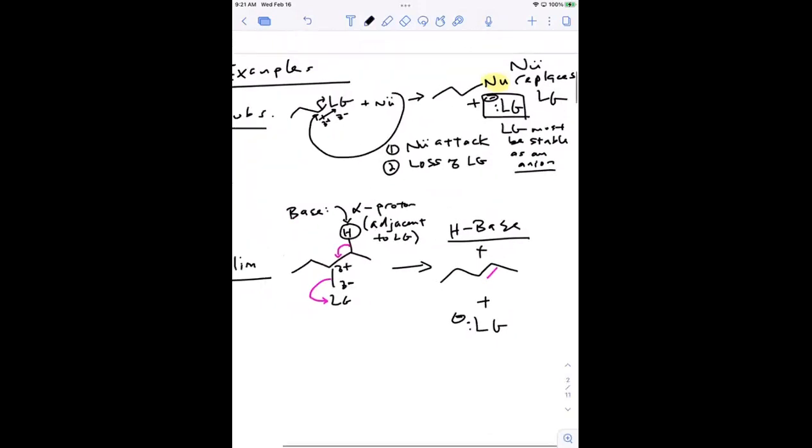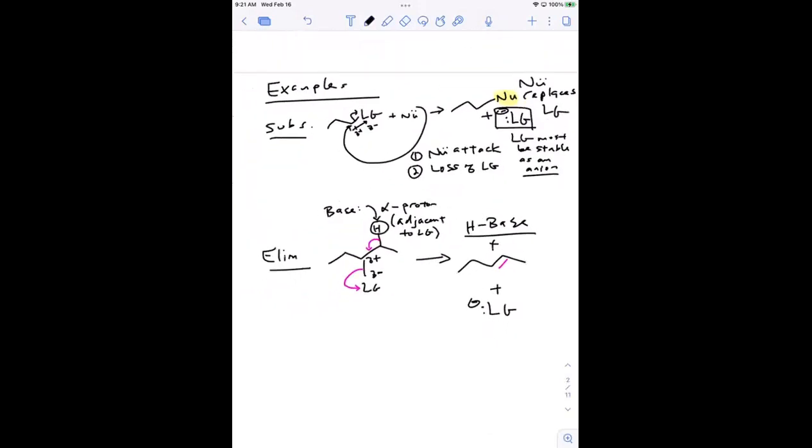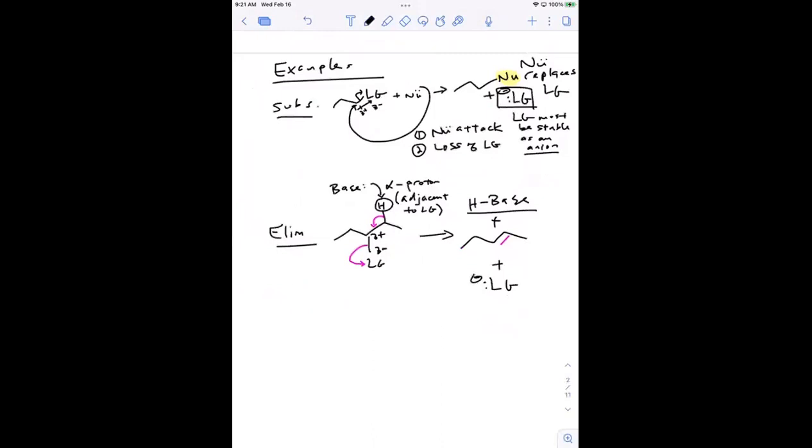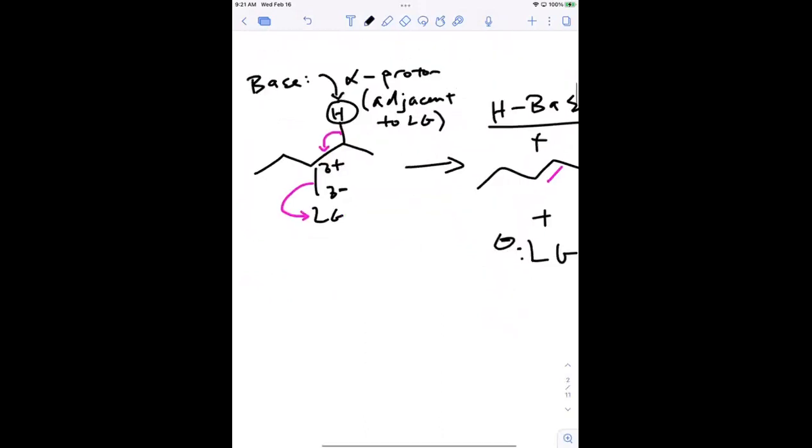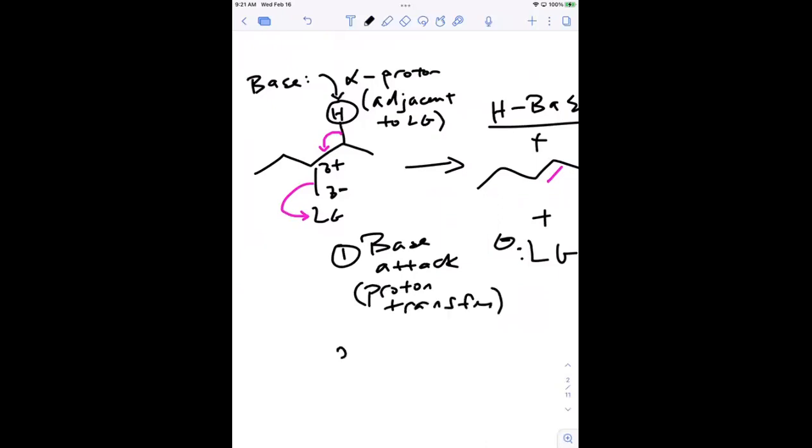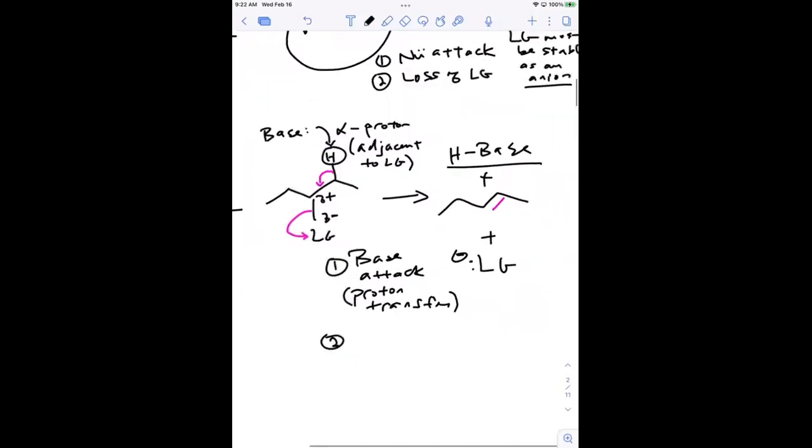All right. So what happened here? Let's look at this the same way we looked at the substitution. So the base attacked: proton transfer. And then what other major event happened besides the base attacking that alpha proton?